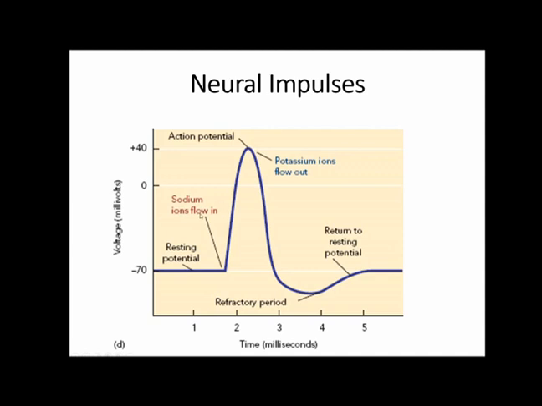These positive ions were outside the cell, and they start to flow inside the cell. And so if we're having positive charges enter the cell, and the cell was negative before that, as they come in, the charge of the cell starts to rise. So the more sodium comes in, the higher the charge gets, the more positive the charge gets.